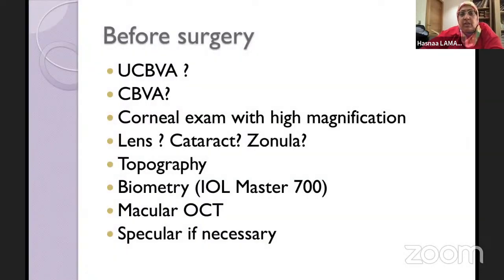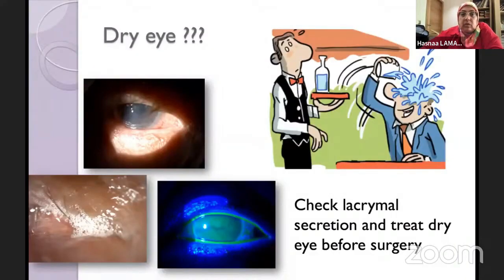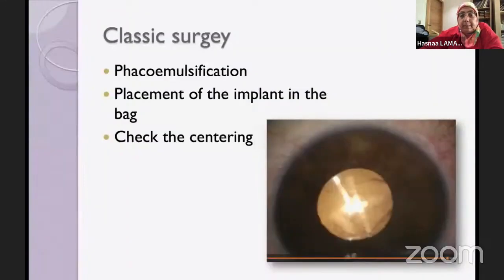Before surgery, we check the uncorrected and corrected distance visual acuity, corneal exam with high magnification, lens, cataract, zone relief, ocular fundus, topography, biometry with IOL Master 700, macular OCT, and specular microscopy if necessary. We check for dry eye, check lacrimal secretion, and treat dry eye before surgery.